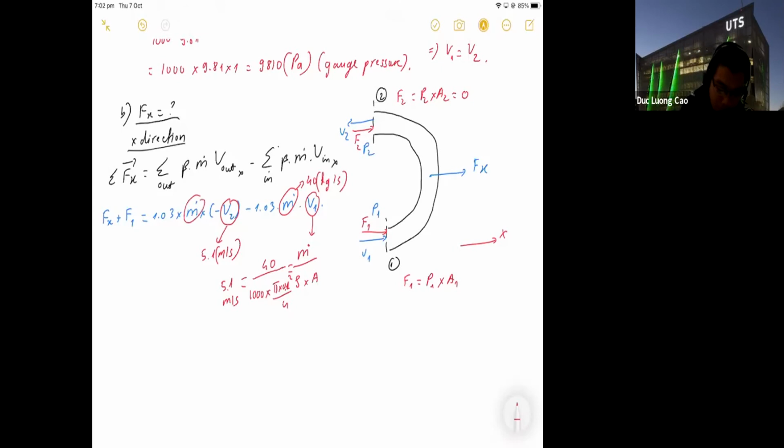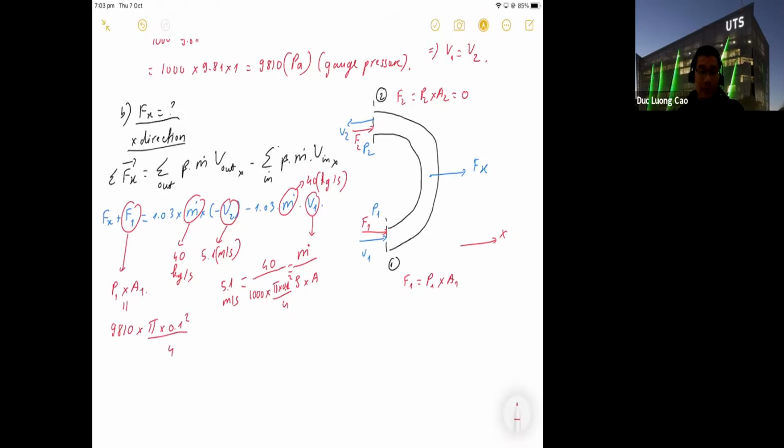F1 here you have is P1 times A1, or P1 is given from question A, times pi 0.1 squared over 4. Okay. So everything here you have.